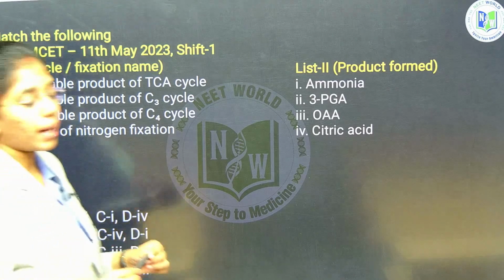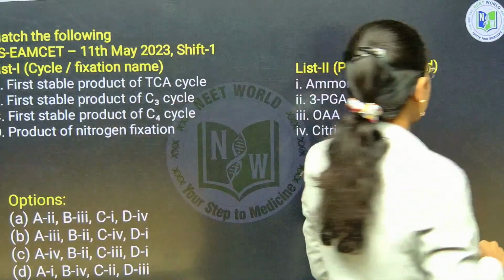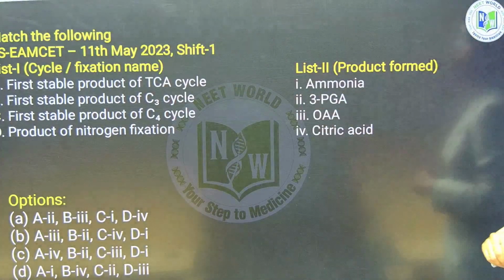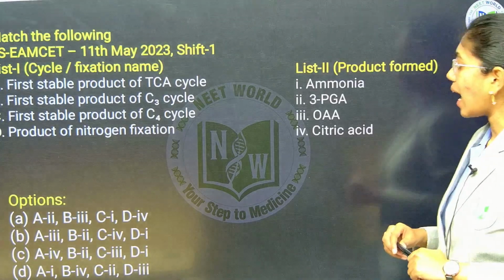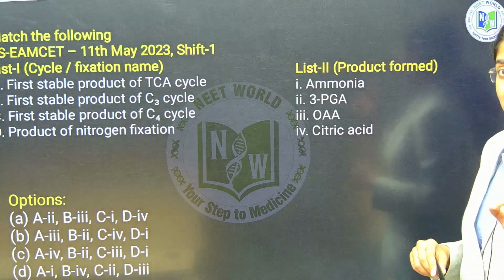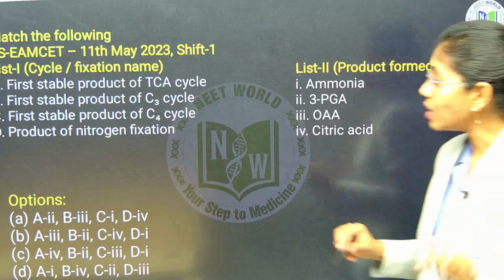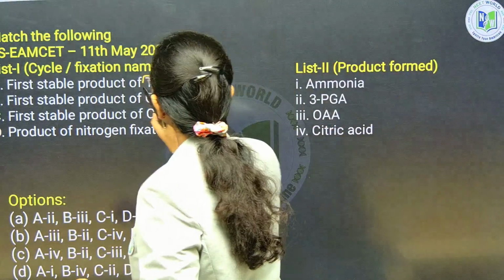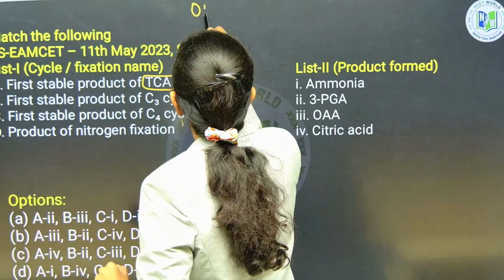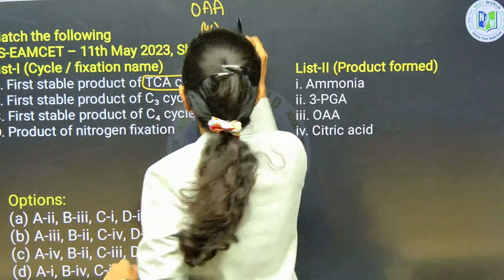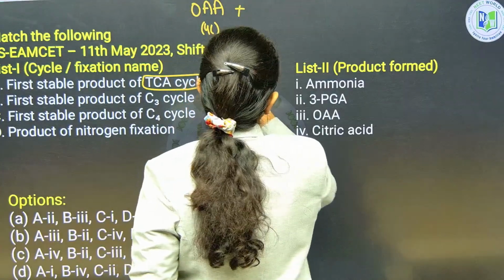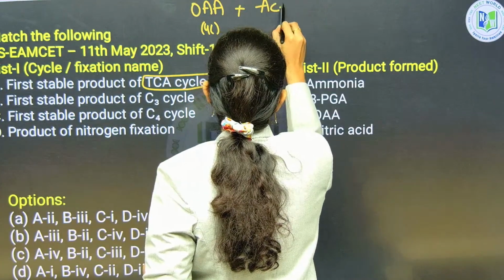Match the following type of question. You can easily answer it. First stable product of the TCA cycle, the tricarboxylic acid cycle. What is the first reaction that happens in the TCA cycle? The 4 carbon compound, oxaloacetic acid, accepts the 2 carbon compound, acetyl CoA.